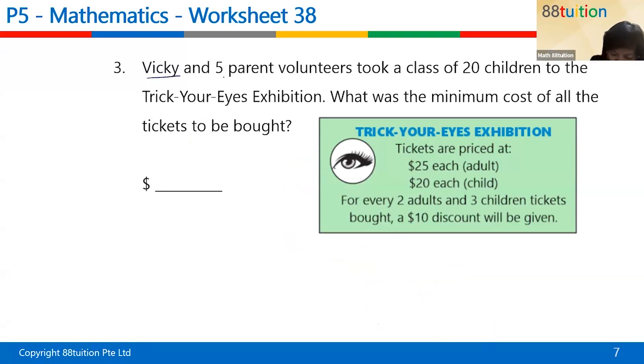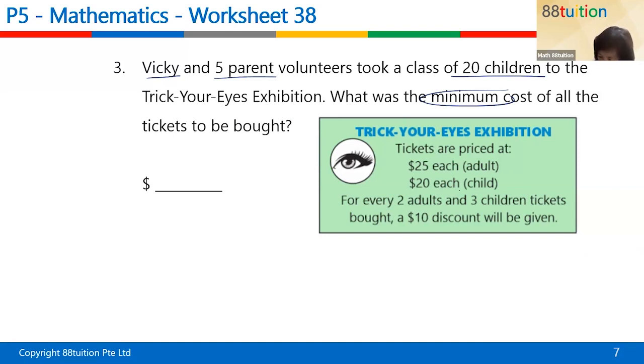Question 3. Vicky, 5 parent volunteers, took a class of 20 children to the exhibition. He wants to find the minimum cost of all 30 cakes to be bought. Okay, so now the question to you is, there are only 6 adults.